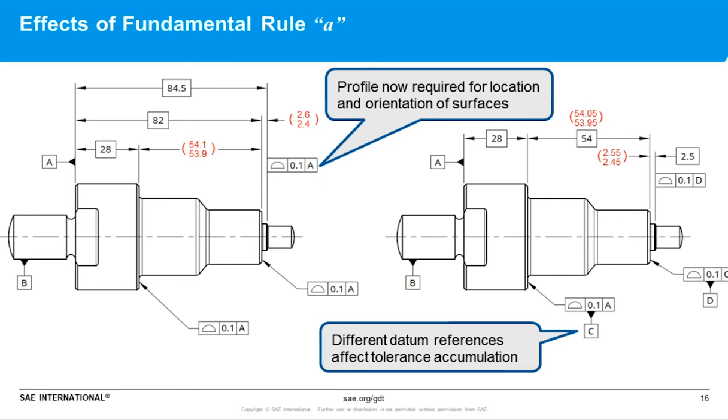So the datum references have been revised accordingly to convey that, and you'll notice then we also reflect the difference in tolerance accumulation. Obviously, directly dimensioning or tolerancing between features that are related for function will reduce the tolerance accumulation. So the concept is basically the same, but obviously it's done differently now. Cannot use plus-minus tolerances to convey that. Okay.